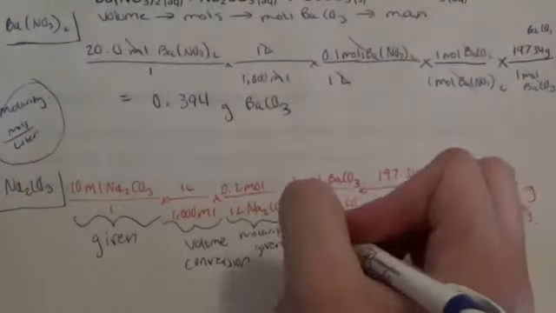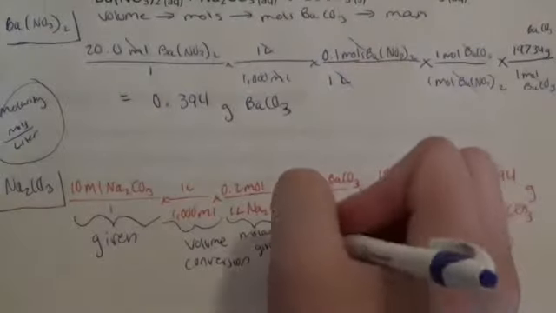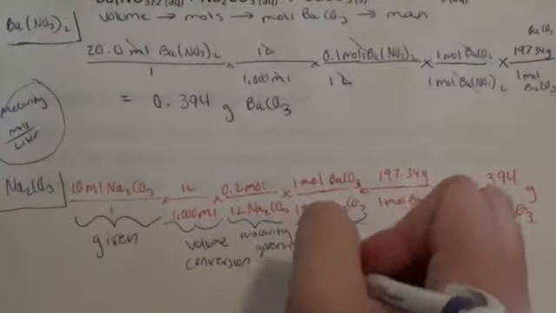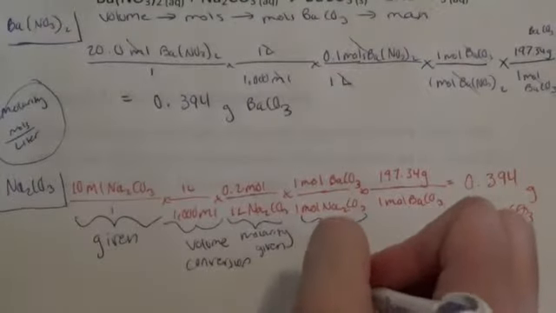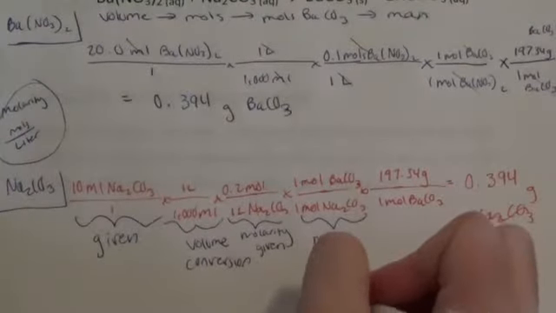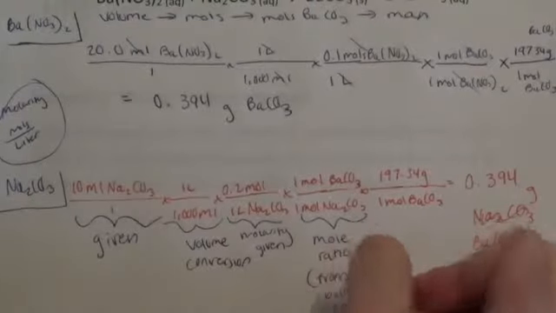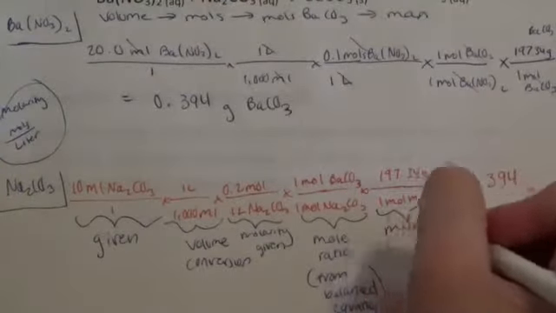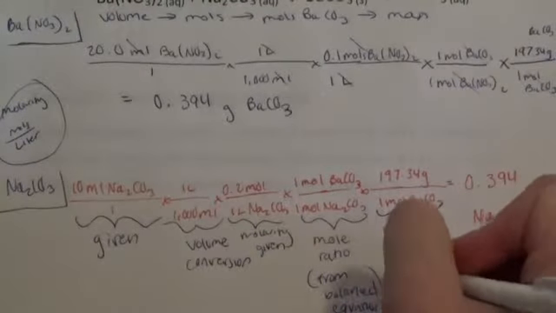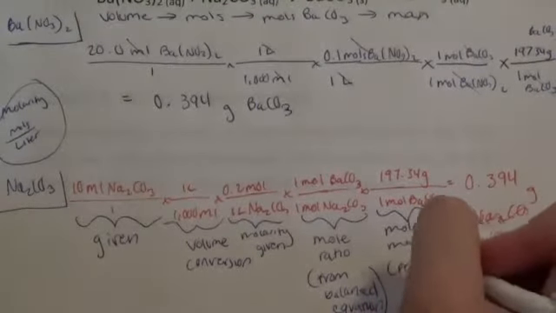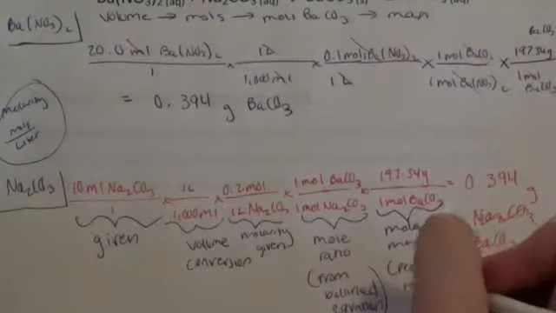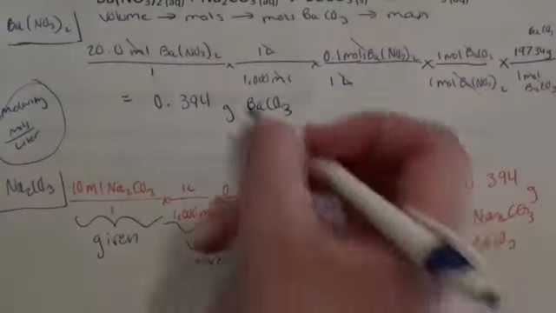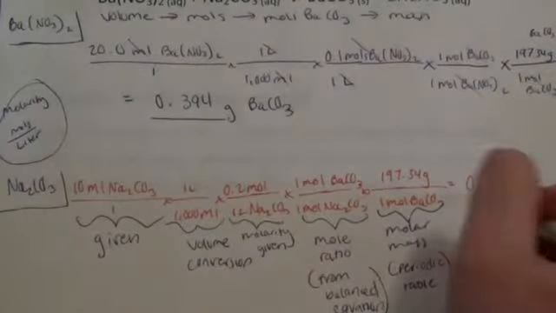And then here we've got our mole ratio, and this is going to be from the balanced equation. Next, this is just a simple molar mass from the periodic table. And then you end up here. And so as you can see, we've got 0.394 up here and then 0.394.